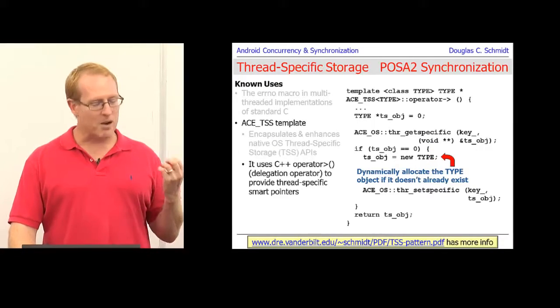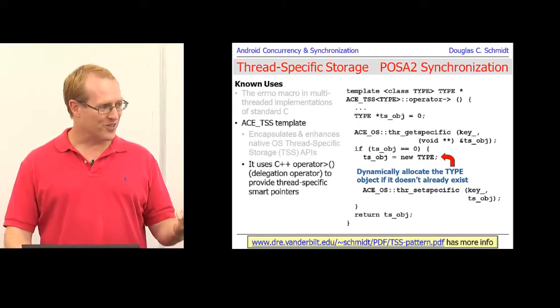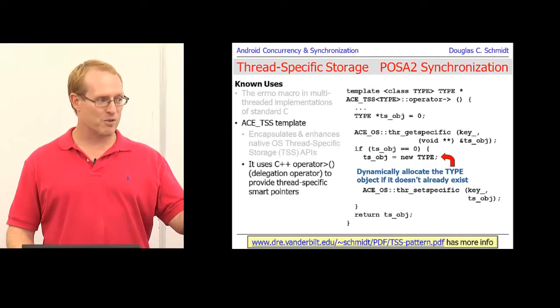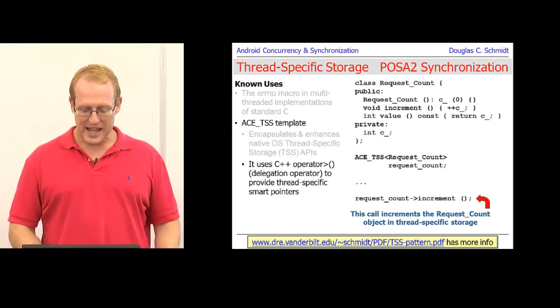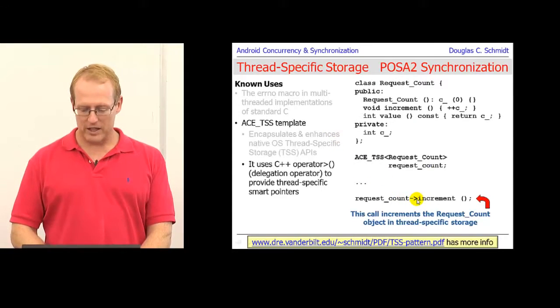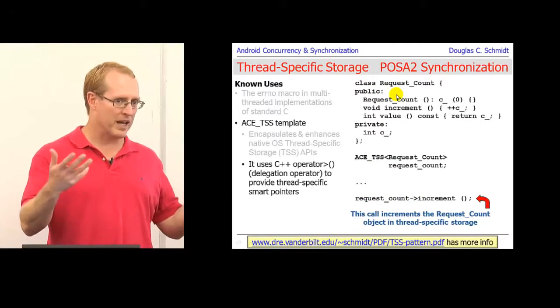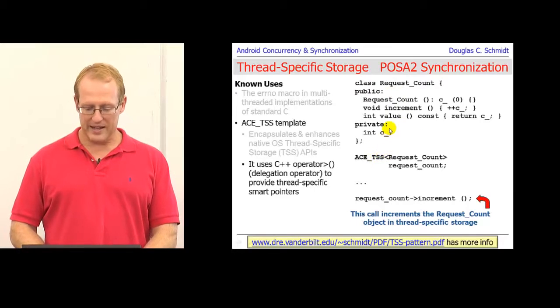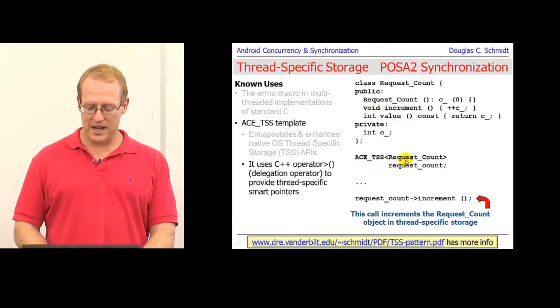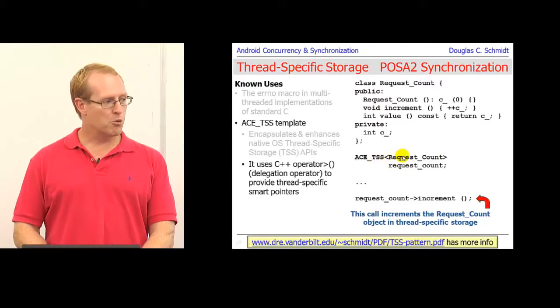So what comes back from operator arrow is a pointer to an object that resides in thread-specific storage. And then what you typically do is, as Christoph correctly noted, when you call a method like this, let's say that we have a class called RequestCount that's just going to keep a count of something. And this is not thread-safe code. We create an instance of ACE_TSS called requestCount. So that's a variable of type ACE_TSS parameterized with this particular class.